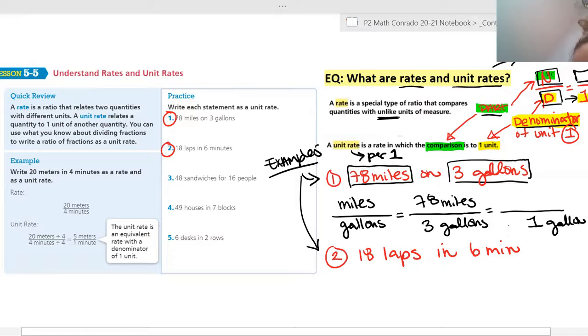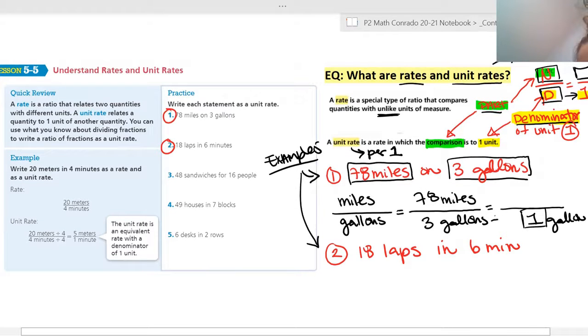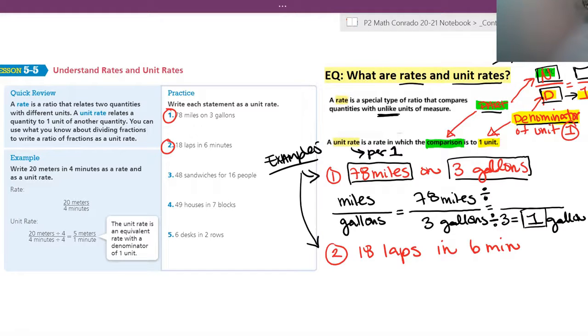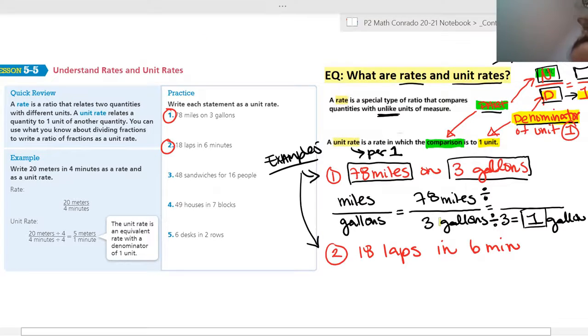So we set our unit rate equal to 1 gallon on the bottom, because we keep our denominators the same units of measure, and we set it equal to 1. So we're going to figure out, how do we get from 3 to 1 by scaling down, which then we will divide. And whatever we do on the bottom, we will also do on the top. So 3 divided by 3 is 1.